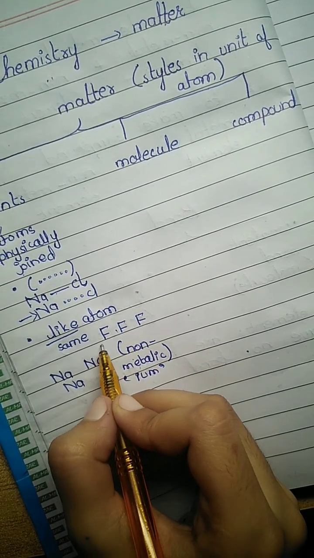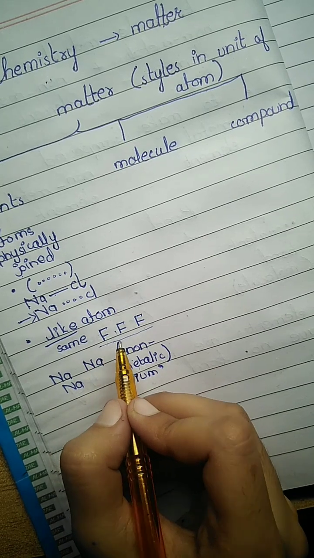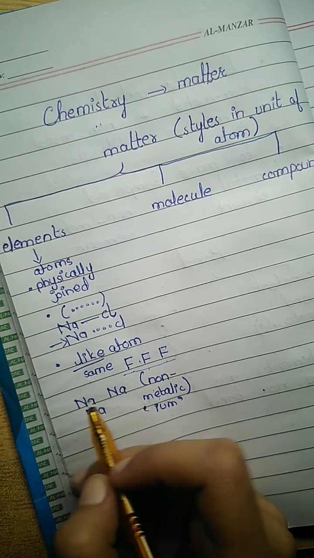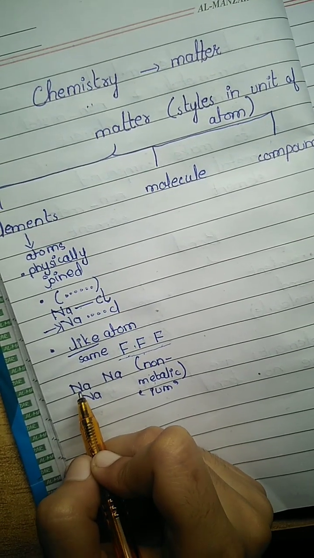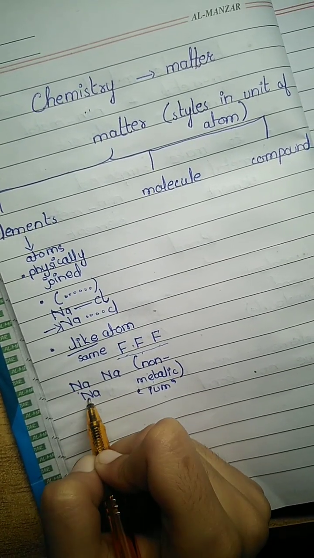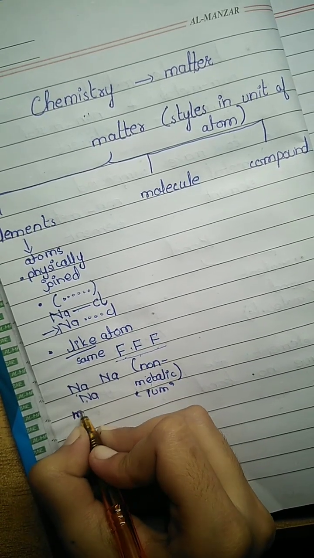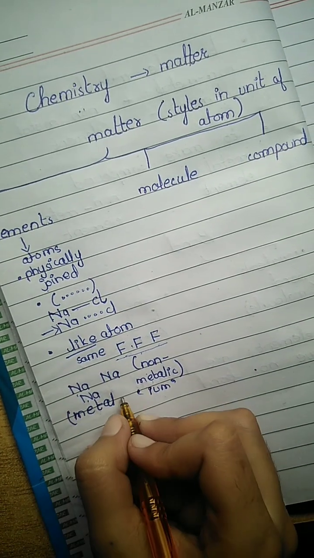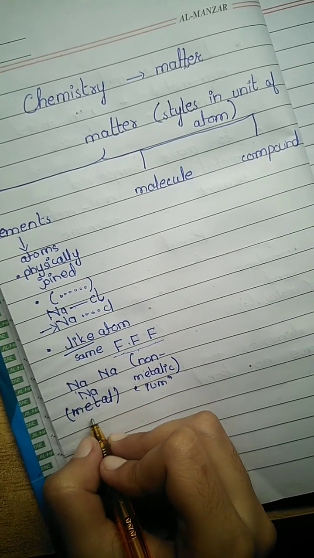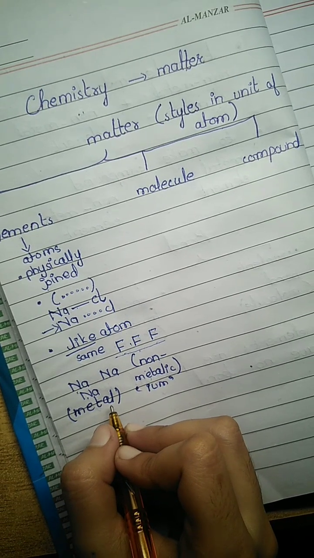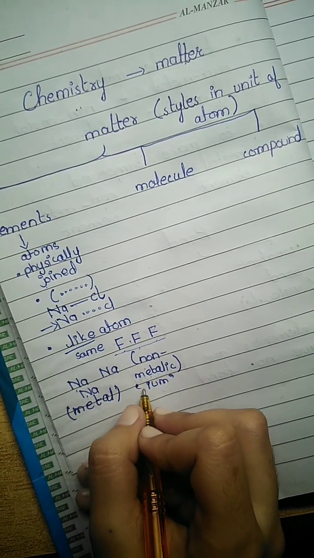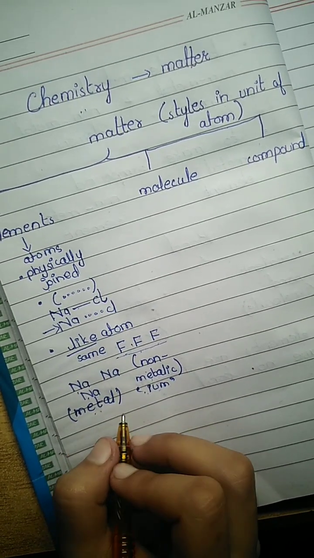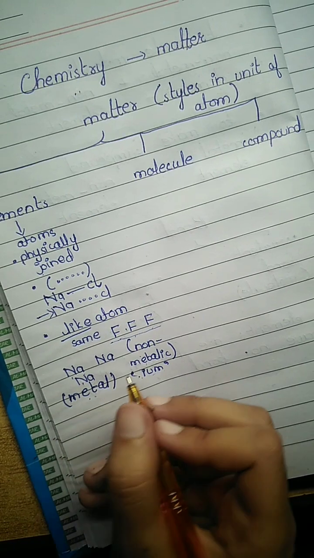Now, by combining these alike atoms, we will get an element. Here is another example, sodium and sodium. As we know, sodium is a metal. So we can say that any element that has IUM at the end will show the metals. So we can say that it's an element.